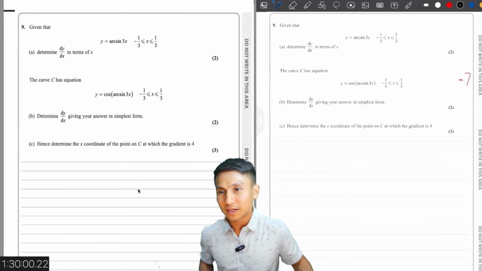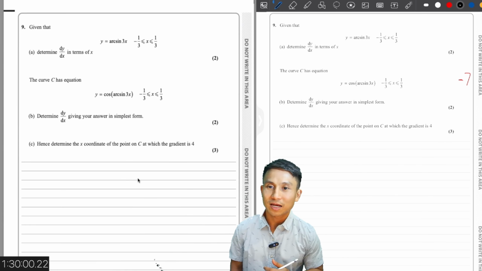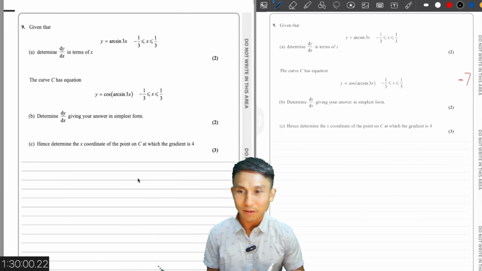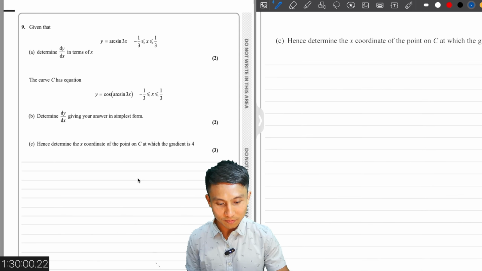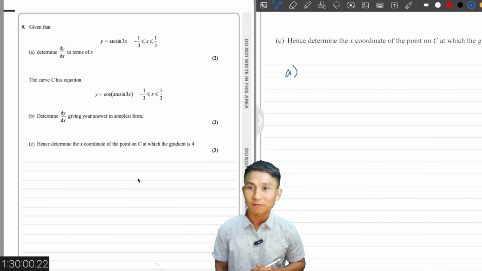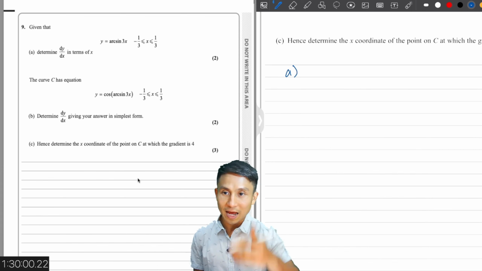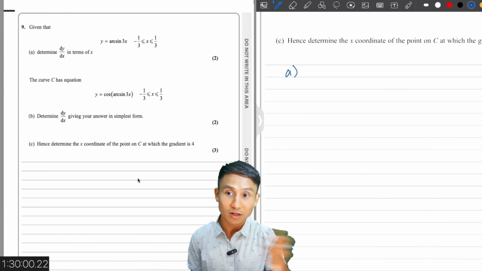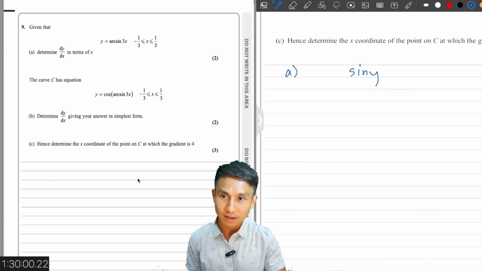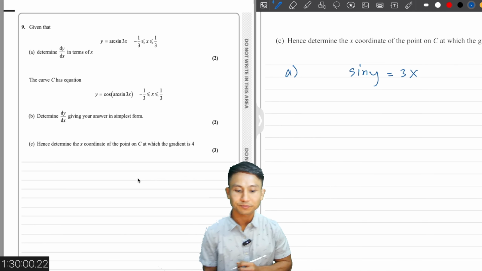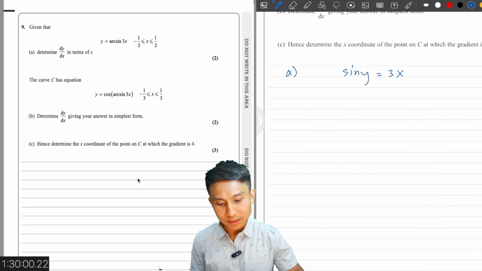So number 9: given that y equals arcsine 3x, (a) determine dy by dx in terms of x. Basically you just have to reverse the arcsine to get sine y equals 3x, and then we do implicit differentiation.